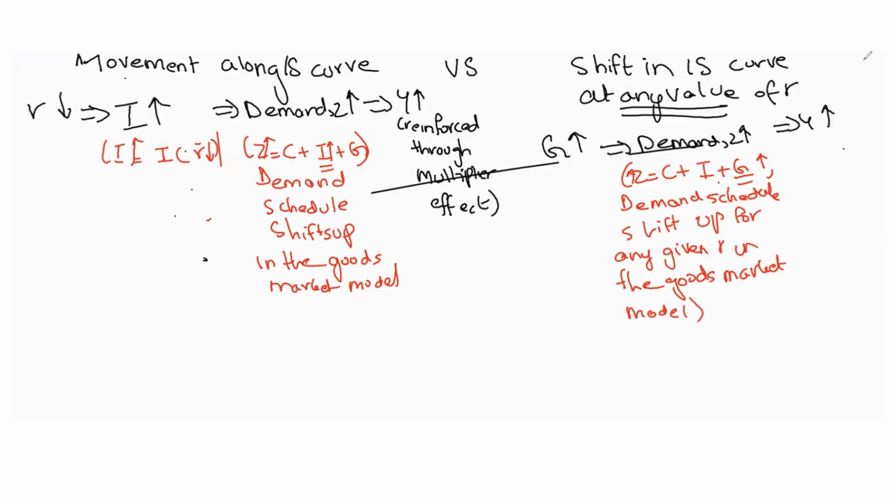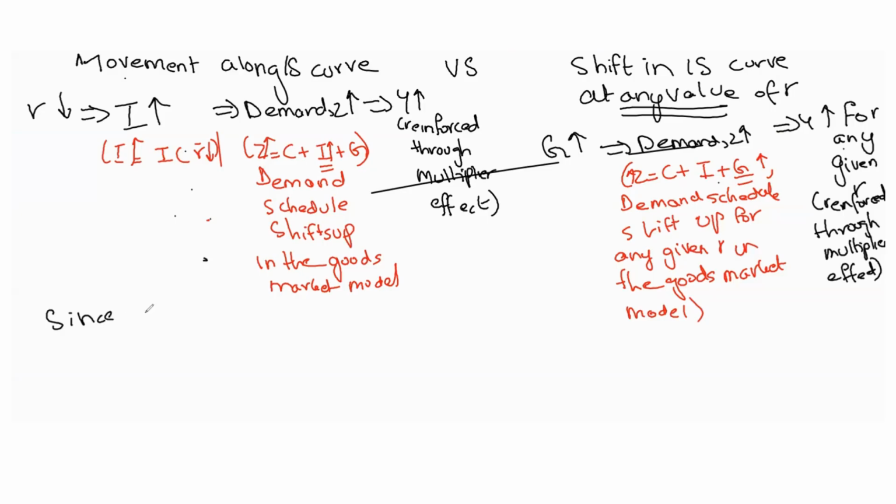In both cases, Y was increasing, and obviously this is reinforced through the multiplier effect in this case also. So the difference is in the first case, the interest rate change was causing demand and output to change. In the second case, the change in demand and output was happening for a given value of R. So thus the idea is this: as R decreases, Y increases, so it's a movement along the IS curve.